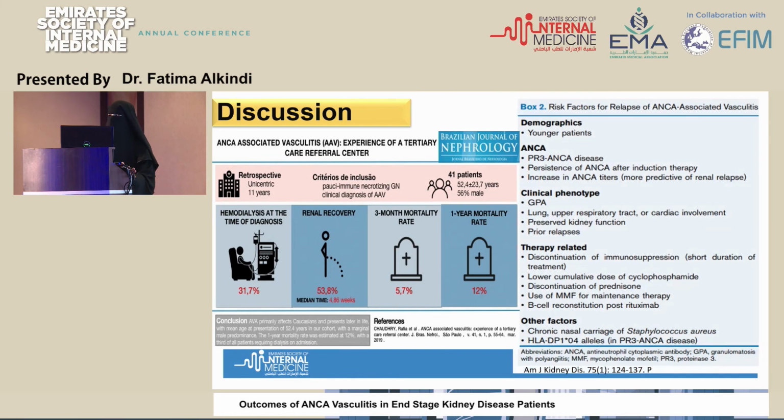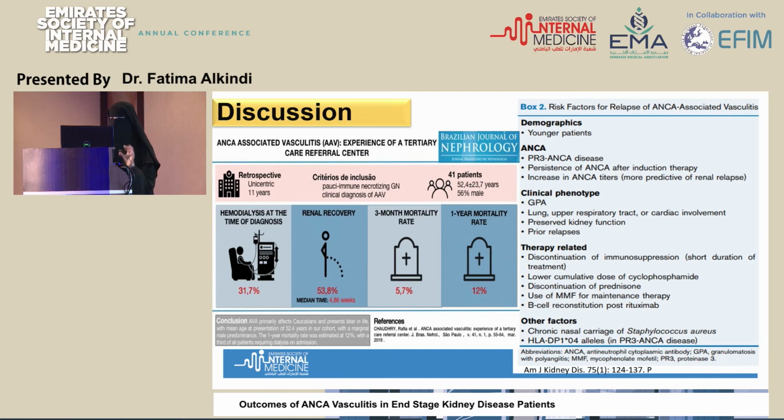For the risk factors of recurrence of vasculitis in such a group, younger patients are at high risk. Patients who have microscopic polyangiitis or anti-PR3 ANCA disease also have a high risk of relapse. Patients who stopped immunosuppressive therapy early on are also at risk.